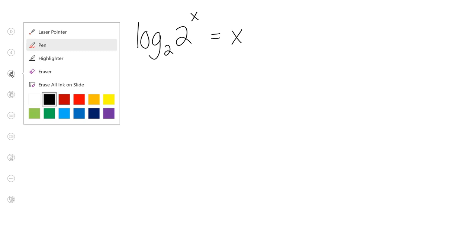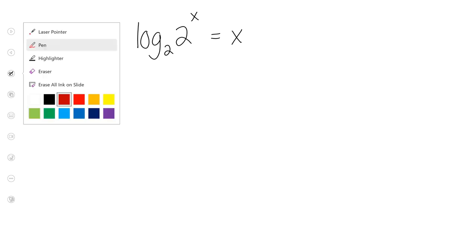Okay, so a great question was asked. Someone asked why, if I have something like this, does it equal x? So I'm going to try to show you guys why through an example.